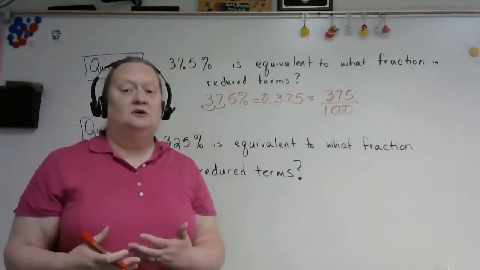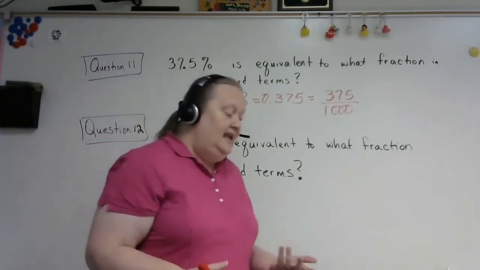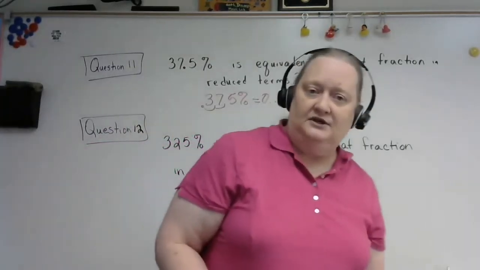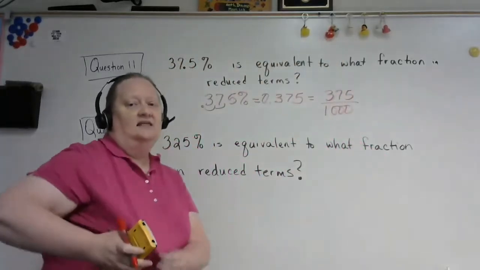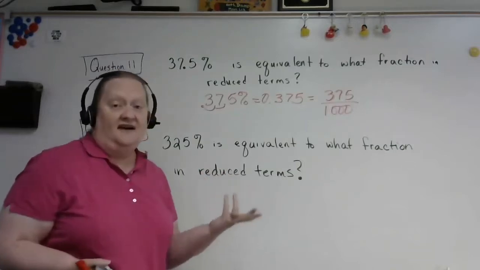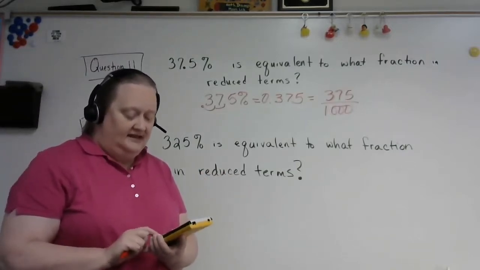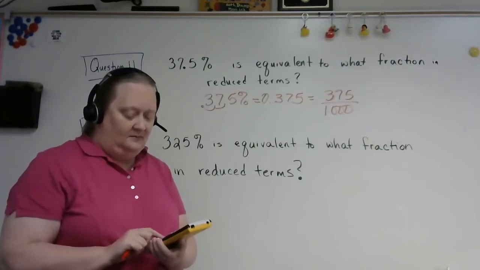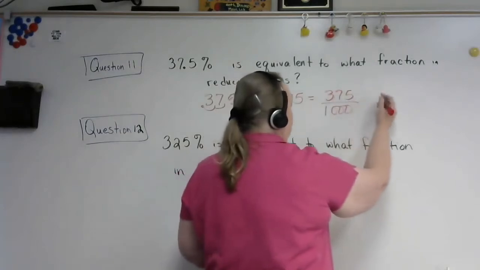That is not a reduced fraction, so we would then need to try to reduce it. Even if I tried to reduce it, I would use a calculator. At this point, I would look at that and say that that's reducible by 25 or 75. I would probably start with 25 and say 375 divided by 25 gives me 15.